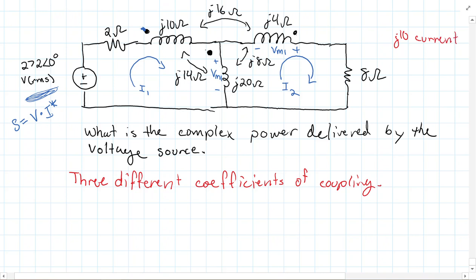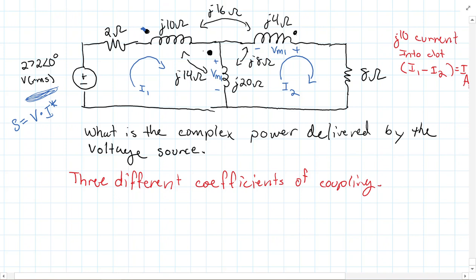Thinking about the current going into the dot, this is I1 minus I2, because I've got I1 and then I2 going in the opposite direction. I'm going to call this current I capital A, just so I have something to note it with.